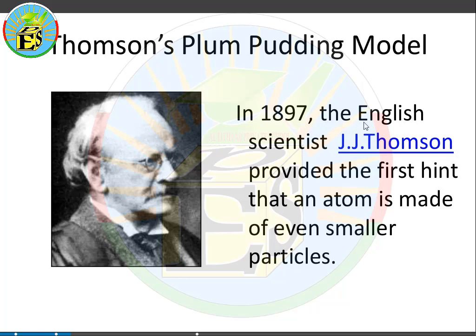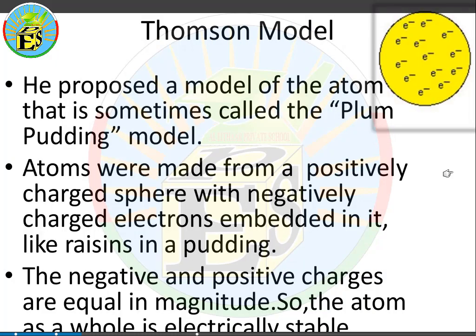Thomson plum pudding model. In 1897, the English scientist Thomson provided the first hint that an atom is made of even smaller particles. So Thomson was the first to speak about subparticles, or subatomic particles. We will learn what these particles are.